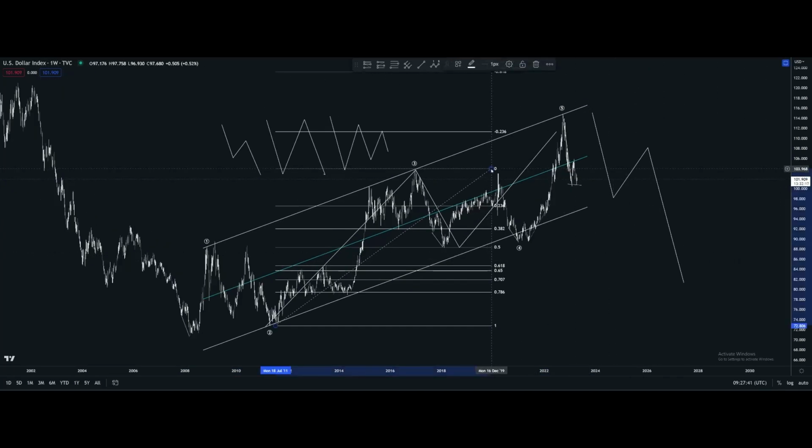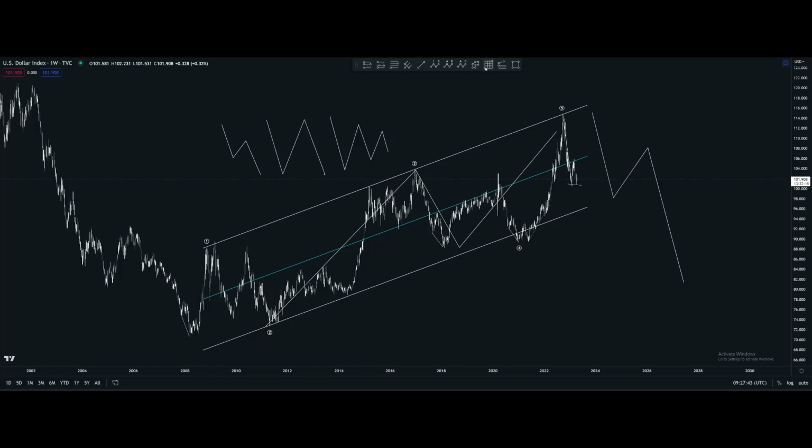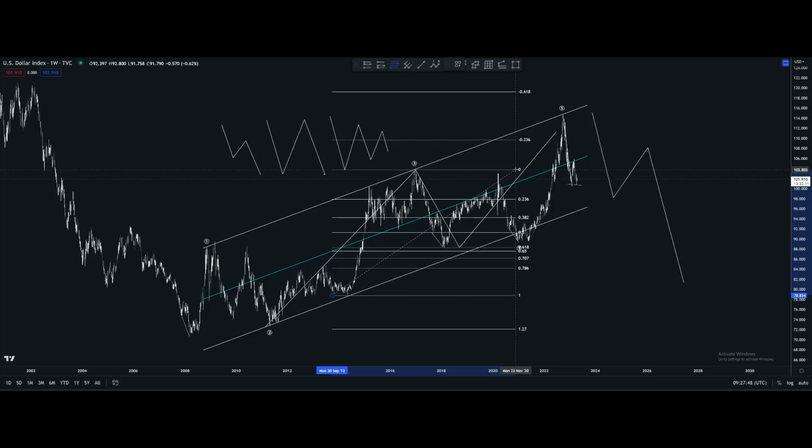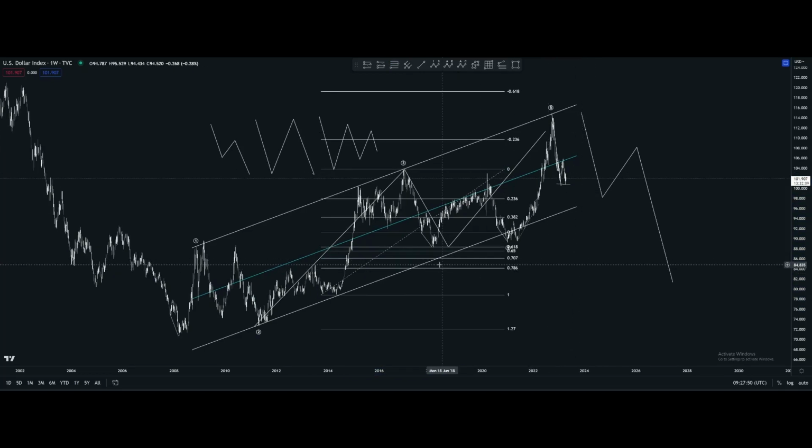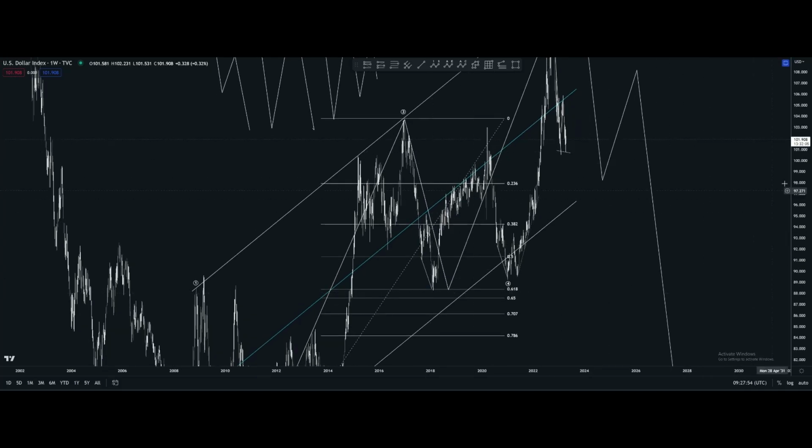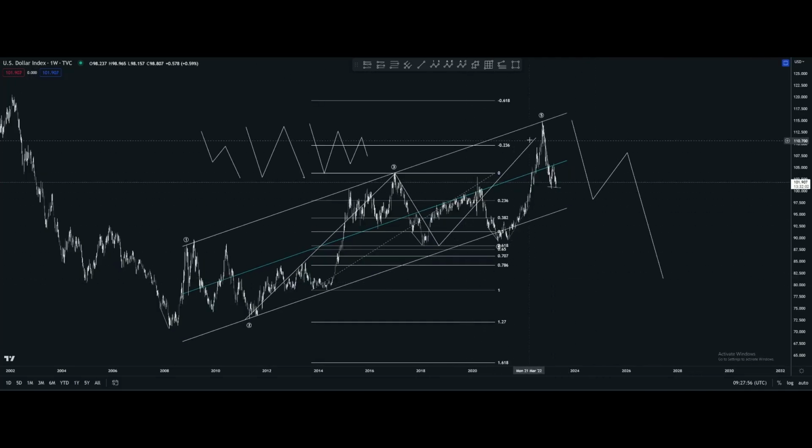The second measured move is here. This one triggered 0.618 for that tick. Still, the target for this move was here.